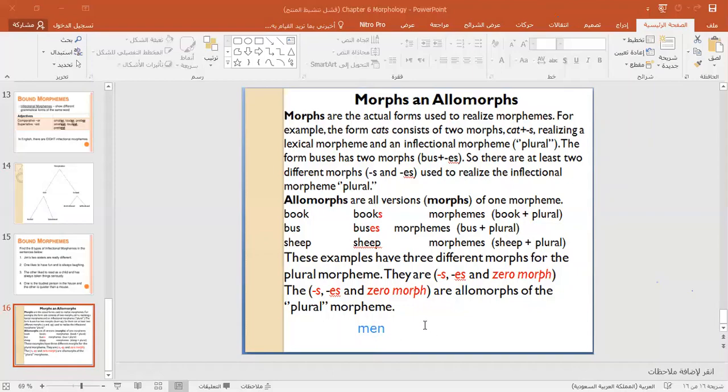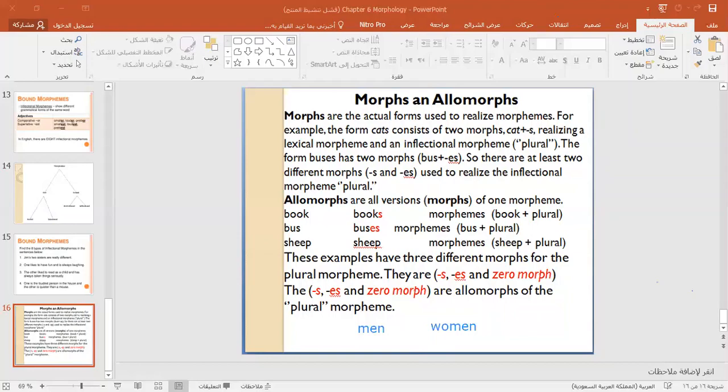If I give you another word, like woman, how many morphs does it contain? One morph. Two morphemes. What are they? Woman and plural morpheme.